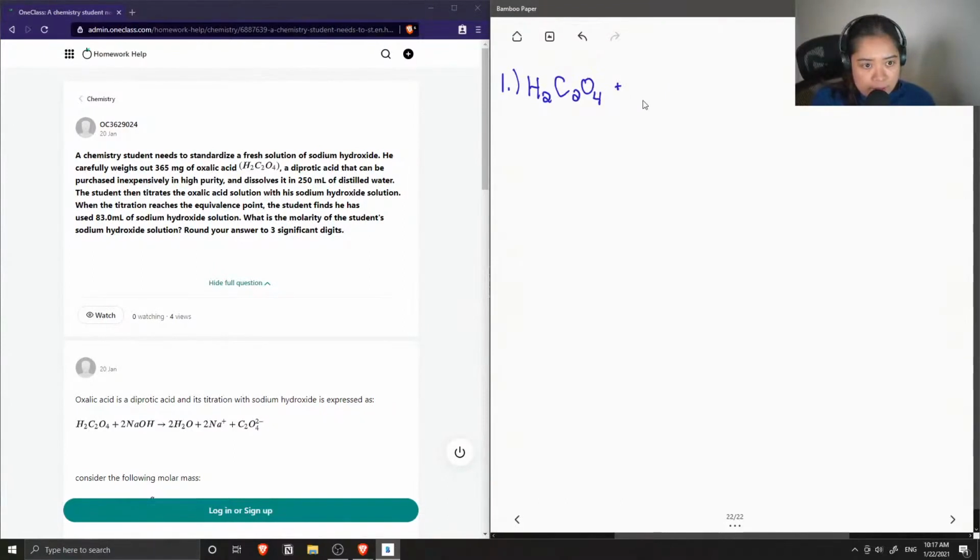And this was reacted with sodium hydroxide, which is NaOH. And this titration produces water, plus sodium ions and C2O4 ions.